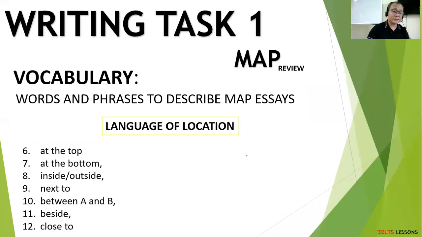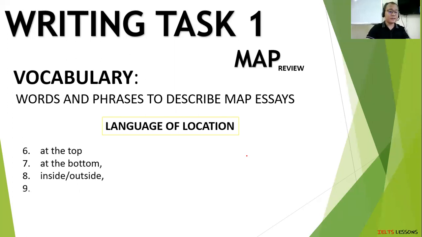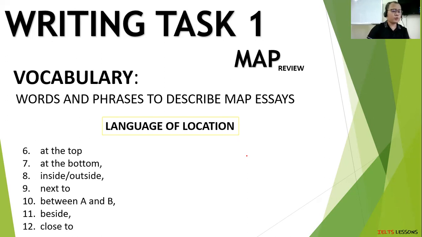I'd like you to memorize at least 10 language of location and send your answer in a private message. There are 12 language of location, and what you need to do is memorize at least 10, or if you can memorize 12, that's good.